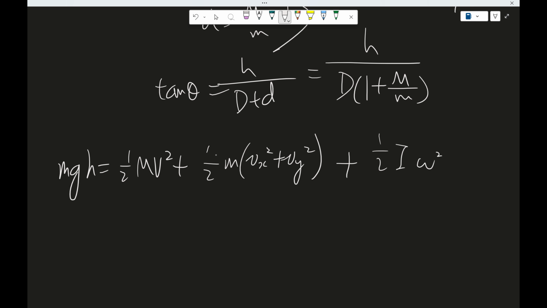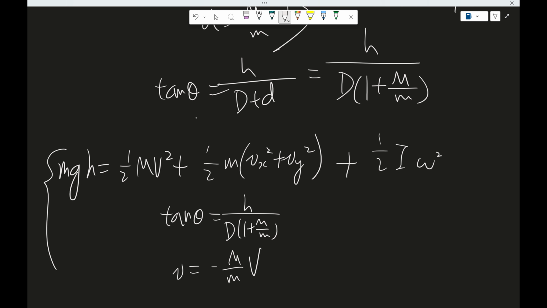And we had the relation of tangent theta equals h over big D times 1 plus m over M. We also had vx equals negative M over m of big V. And so now we have these three relations, and let's try to plug it in some way.